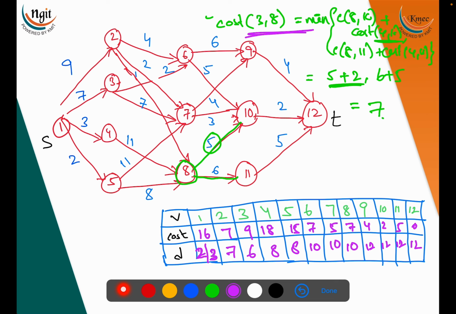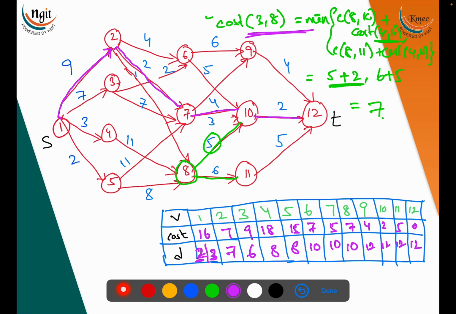What we got is two vertex, starting from 1 to 2. We got 1 to 2 and 2 to 7, 7 to 10 and 10 to 12. This is one path we got, correct?